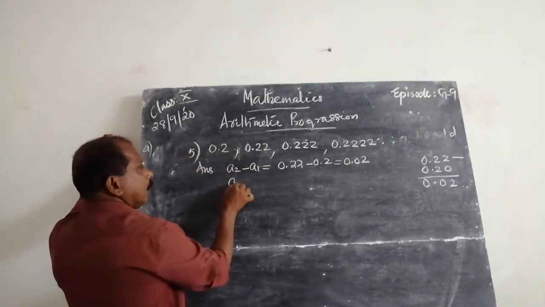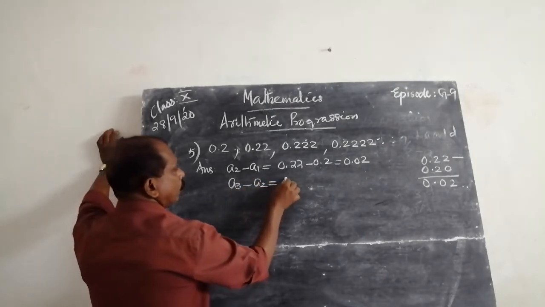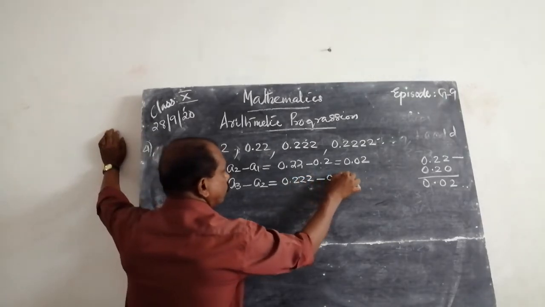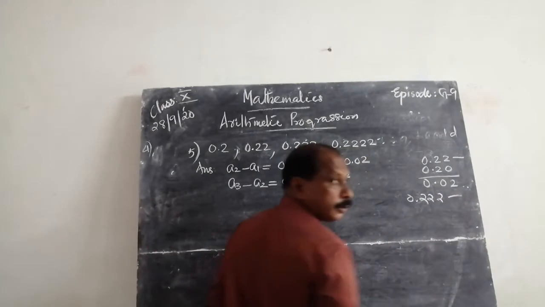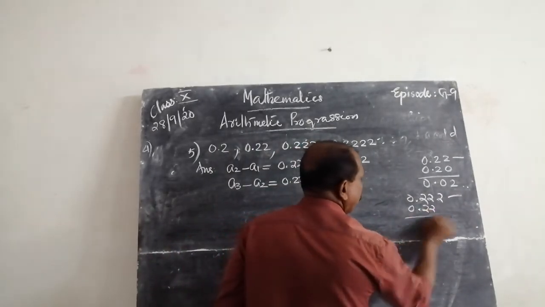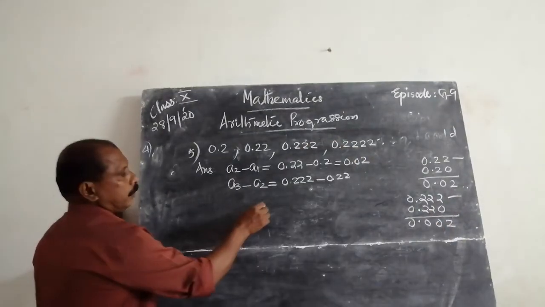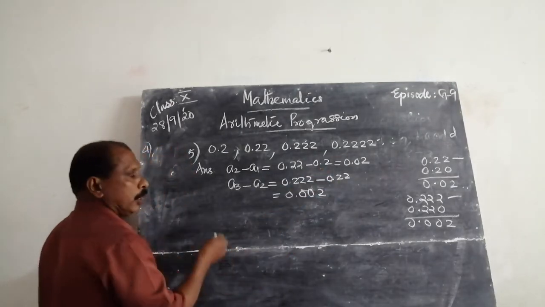Then A3 minus A2 is equal to 0.222 minus 0.22. That is 0.222 minus 0.220. That is equal to 0.002. They are not equal.